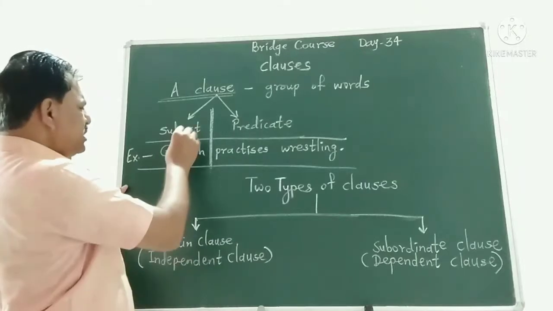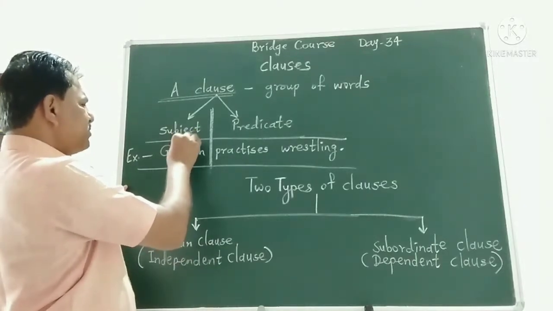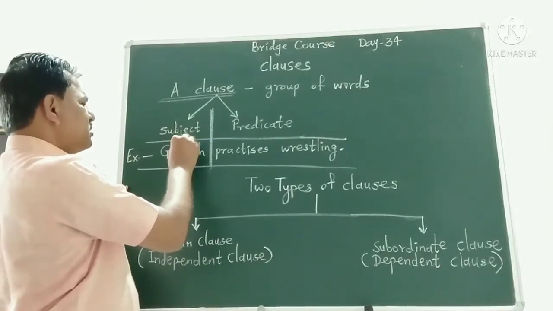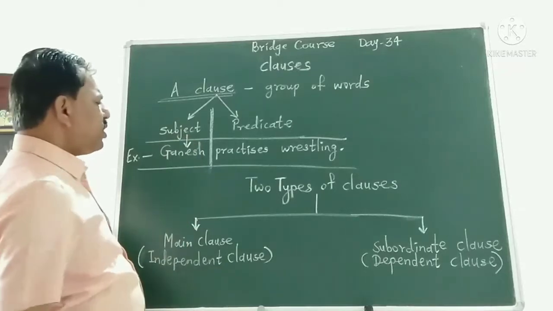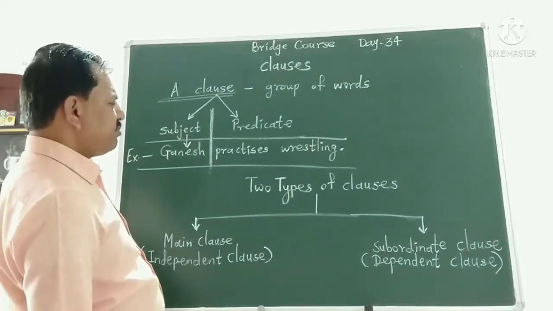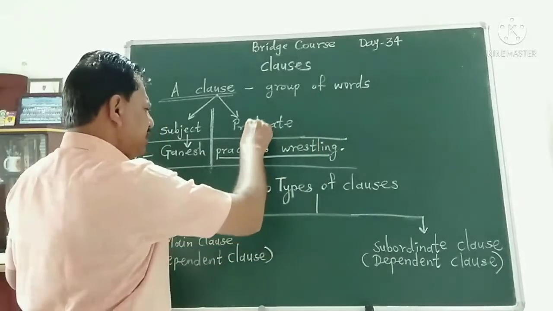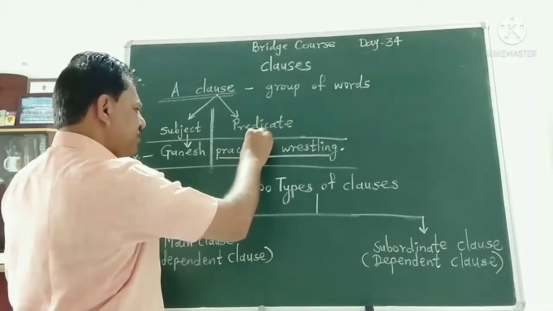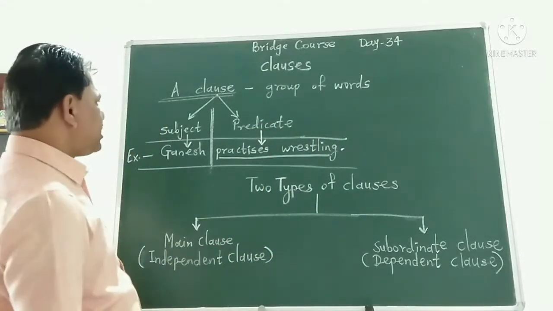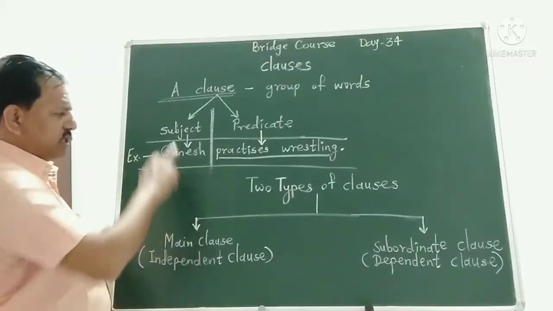Ganesh. Ganesh is the subject of the sentence. What does Ganesh do? Practices wrestling. So, practices wrestling is the predicate. These are the two important parts in every type of clause.